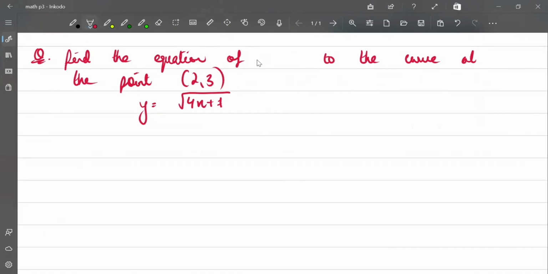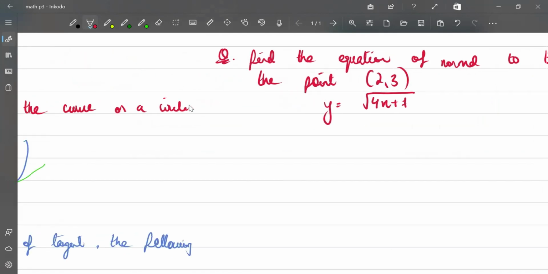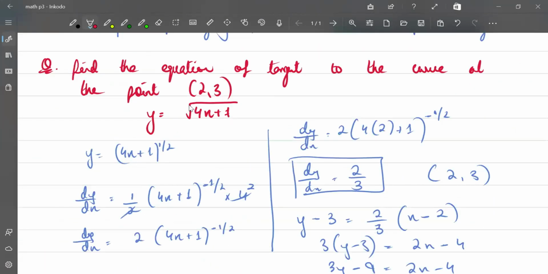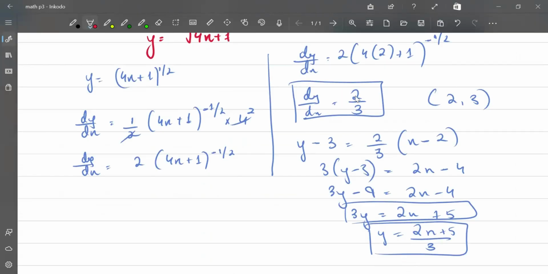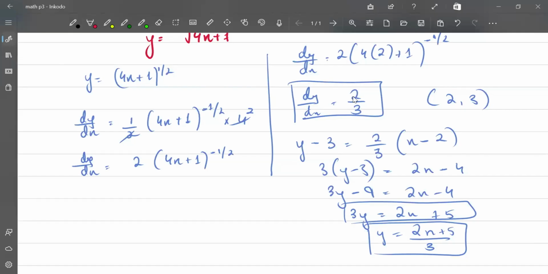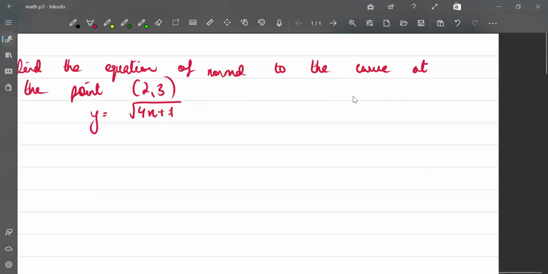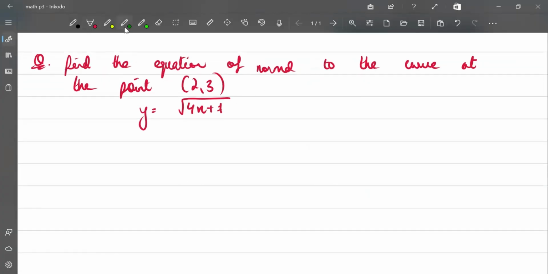Find the equation of normal to the curve at the point 2 comma 3, and we have already calculated the gradient, right? So the gradient is 2 upon 3. We already know the gradient of the tangent, so the gradient of the normal would be negative 3 upon 2, right? So dy dx of normal is negative 3 upon 2.